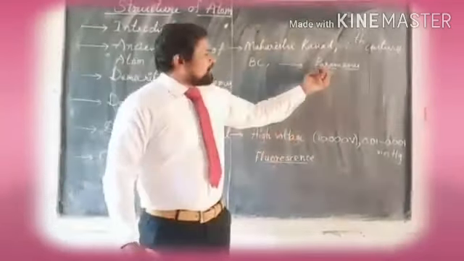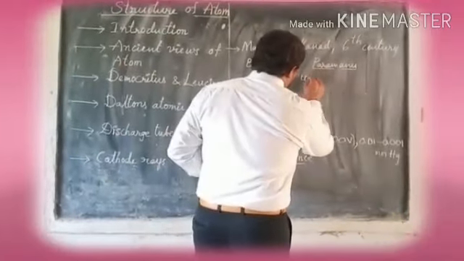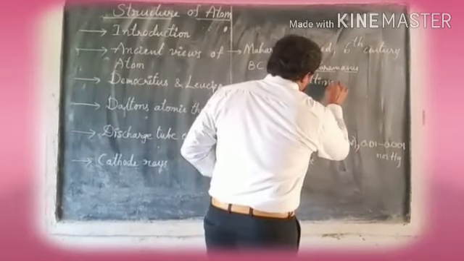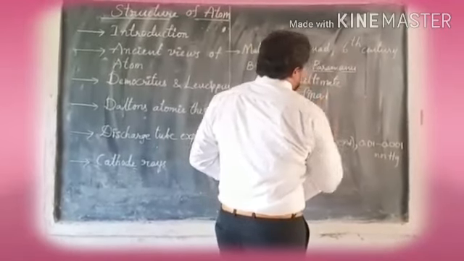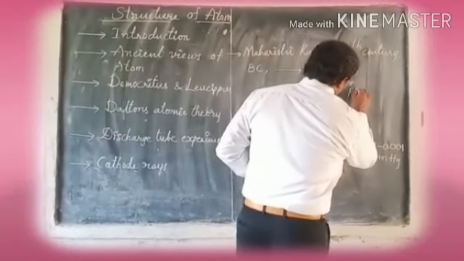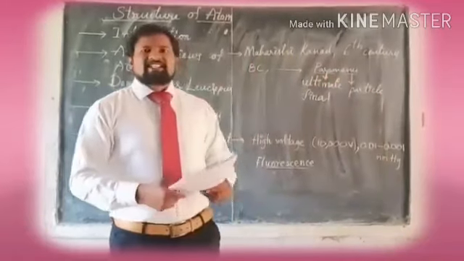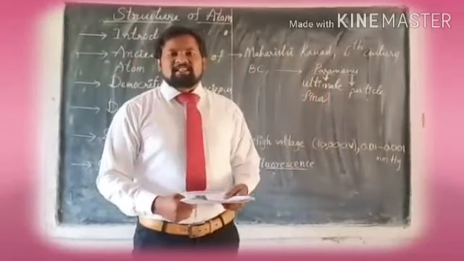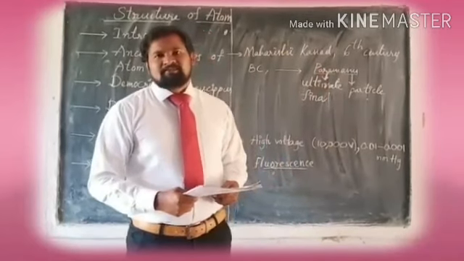Param means ultimate or final, and Anu means particle. That means it is the finest particle that can be present in a matter.